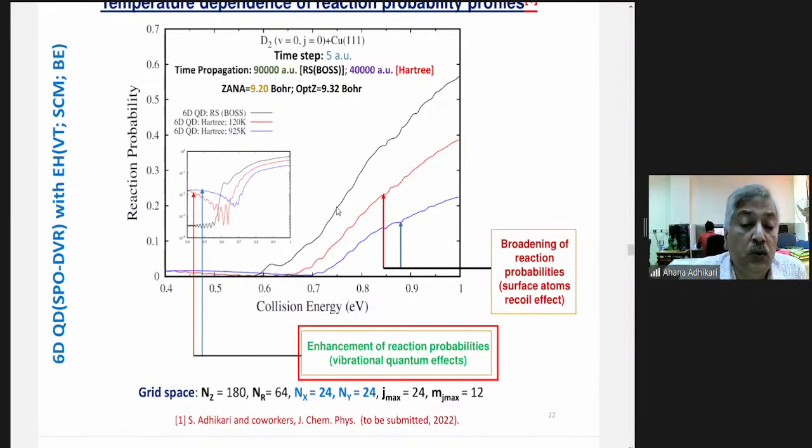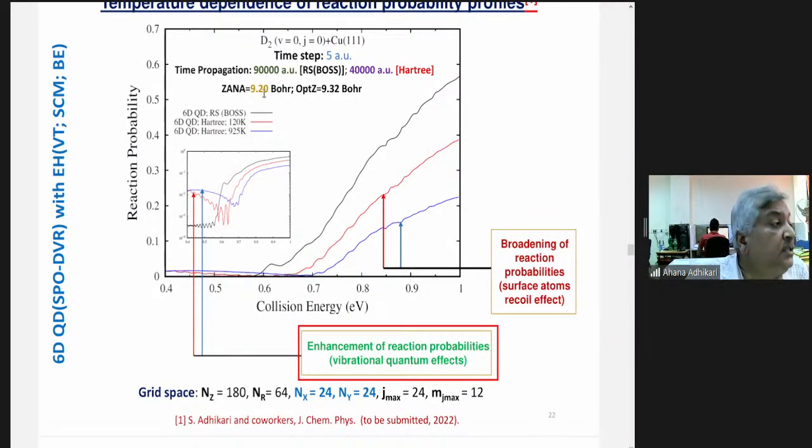So this is one of the largest calculations that exist in the world. That I can tell you. And this is for deuterium, where all the dynamical parameters are optimized, and 90,000 atomic units of time must be 50 femtoseconds or something like that. I forgot immediately.